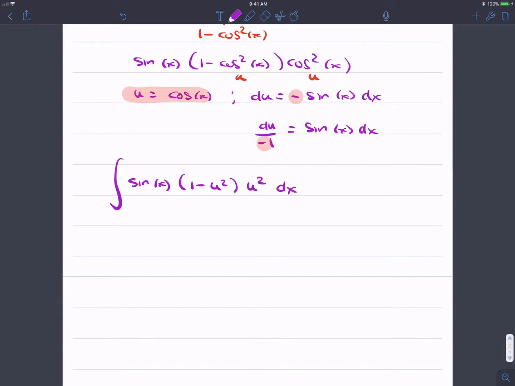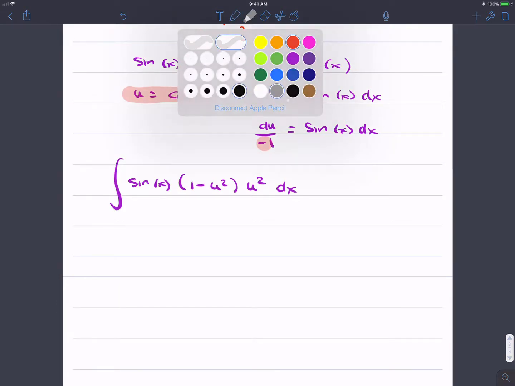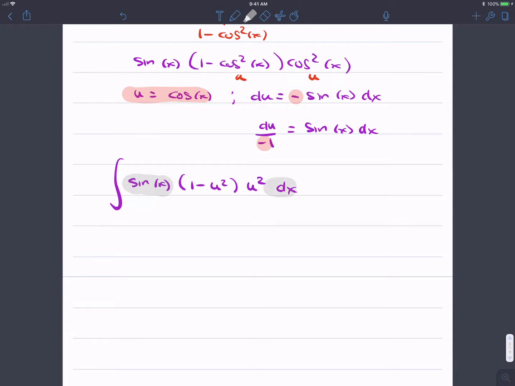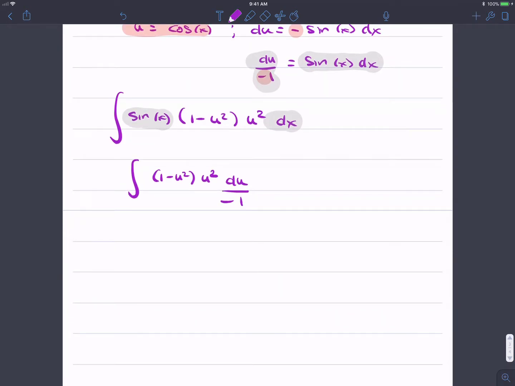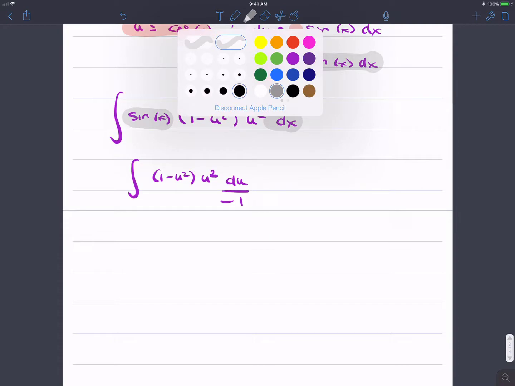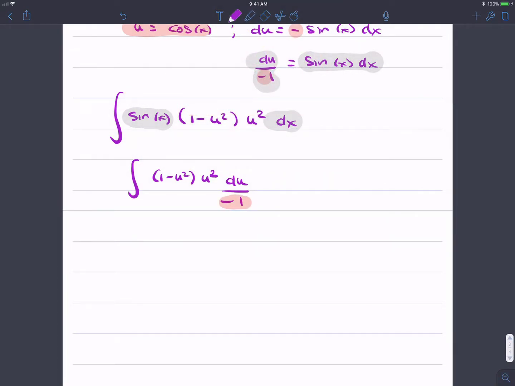Take a closer look again, and let's notice this part here. Sine x dx is really du over negative 1. So if we replace sine x dx with du over negative 1, we get the integral of 1 minus u squared, times u squared, du over negative 1. Now let's remember what happens with this factor of negative 1. We'll get an integral of u squared minus 1, times u squared, du.